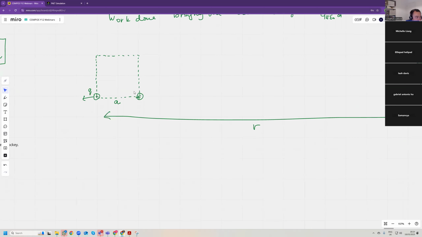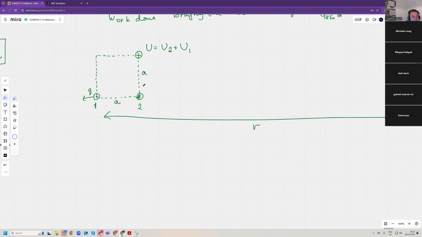Let's label the charges as charge 1 and charge 2. Now the third charge goes here, and the potential energy of this charge comprises two things: the potential energy due to charge 2 plus the potential energy due to charge 1.